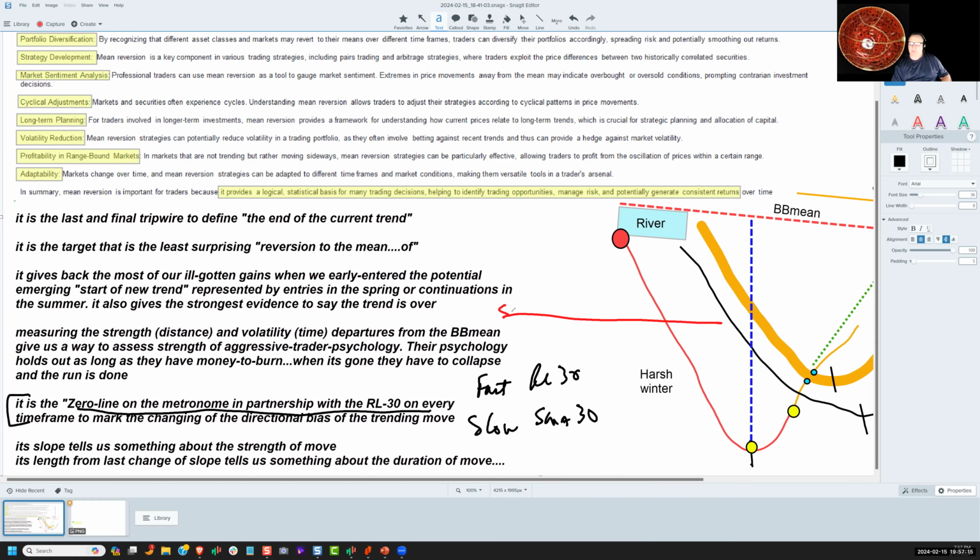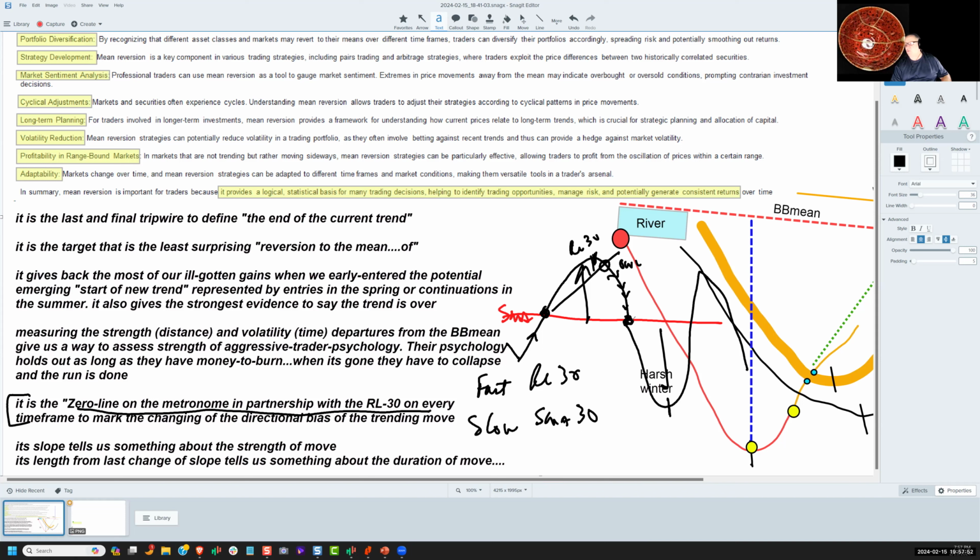The SMA 30 is the middle of the river, and then you can track and see how far the RL30 went once it crossed, before it rolled over and came back. And you'll see that thing tacking back and forth like a metronome. And one of the things that we use the RL30 for is when it rolls over, that's the fifth criteria of the owl. So this is the most conservative way to mark off a reversion to the mean trade.